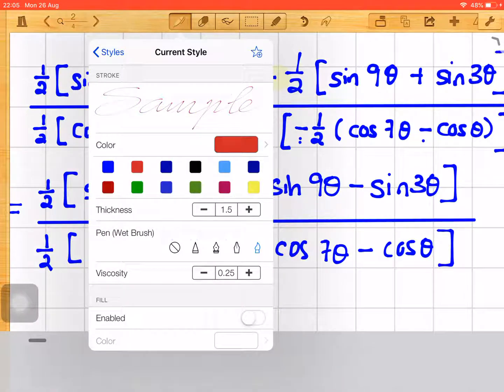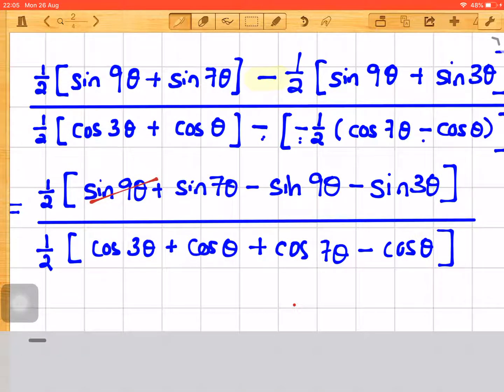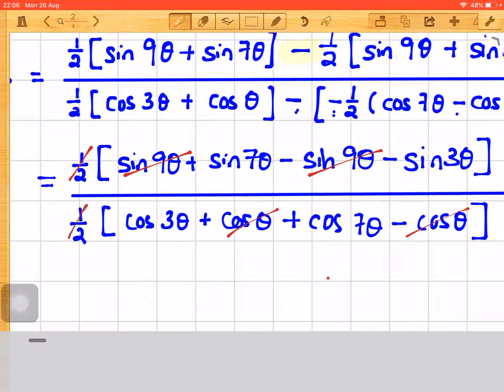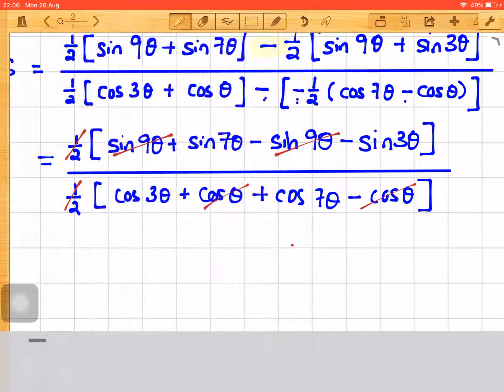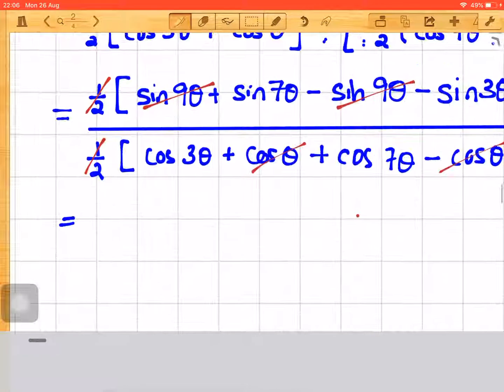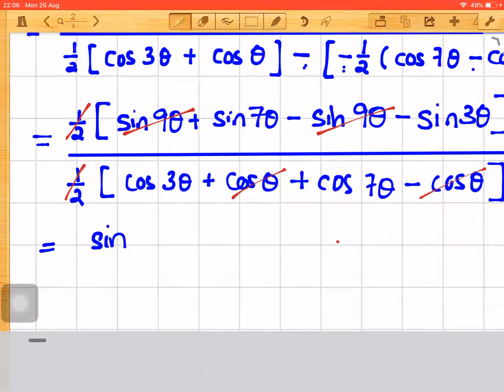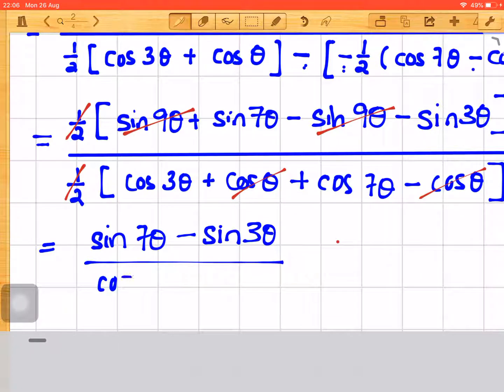So observe that sine 9 theta minus sine 9 theta will finish off. Cos theta minus cos theta, and the 1 over 2, cancel off. So what we're gonna have right here is just sine 7 theta minus sine 3 theta over cos 3 theta plus cos 7 theta.